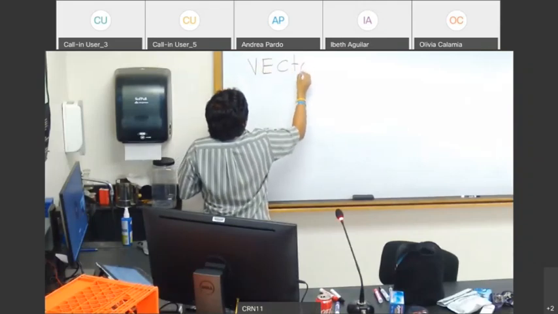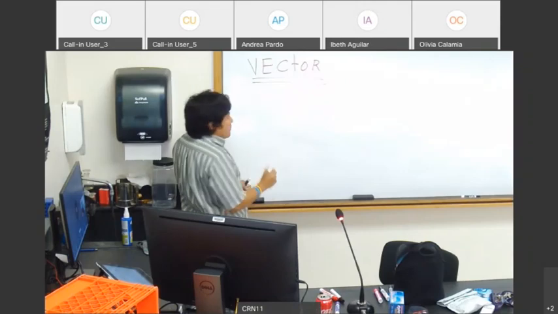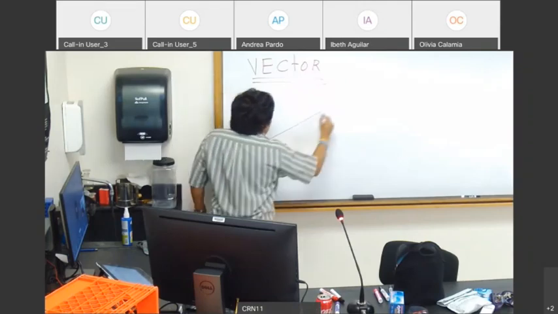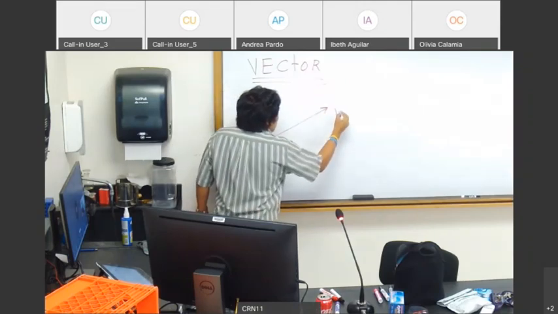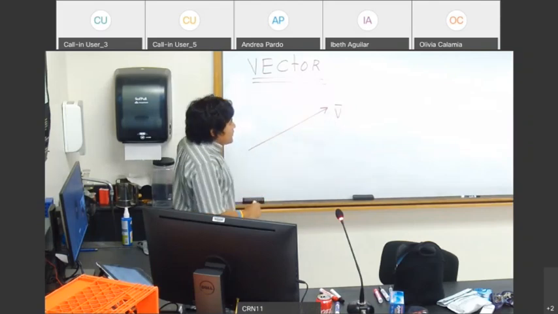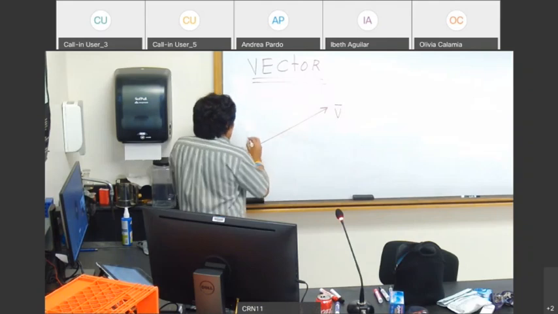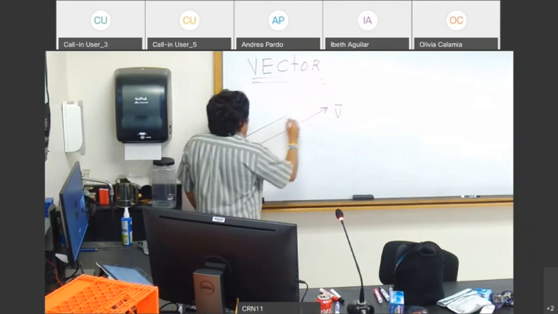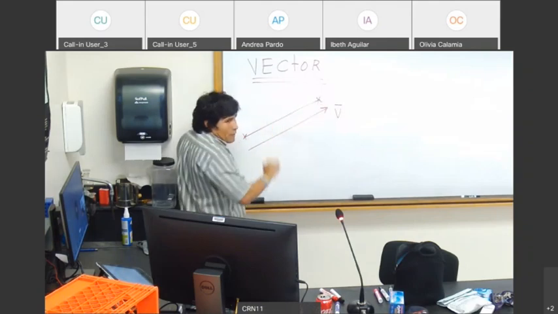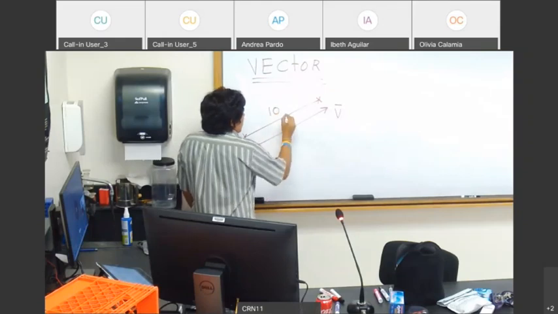It's a physical quantity that has magnitude and direction. So this is a vector V, and we label it with a bar. That is the difference between a scalar and a vector. A vector has a magnitude, the length of this vector, 10 kilometers, for example.